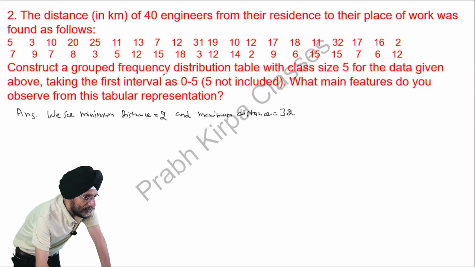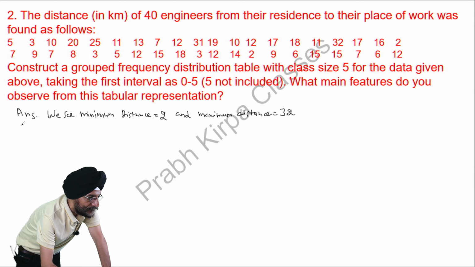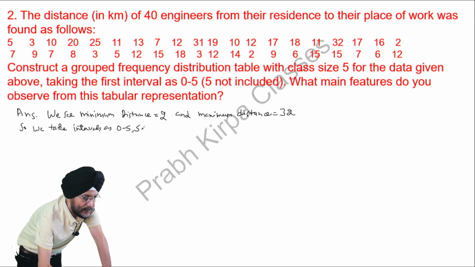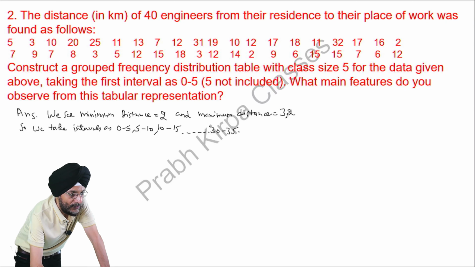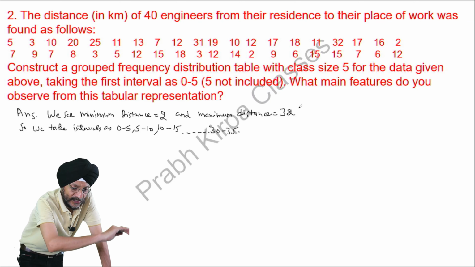So now we will form the grouped frequency distribution table where 2 is covered and 32 is also covered. It is written that class size is 5 and the first class interval is 0 to 5. So we take intervals as 0 to 5, 5 to 10, 10 to 15 and so on, up to 30 to 35, because we will also have to cover the distance of 32 in the distribution table.